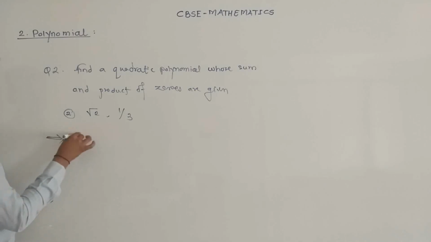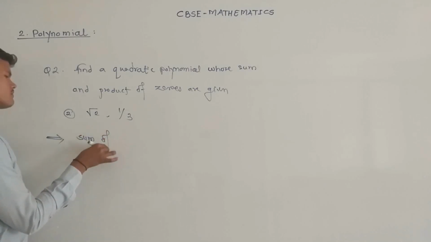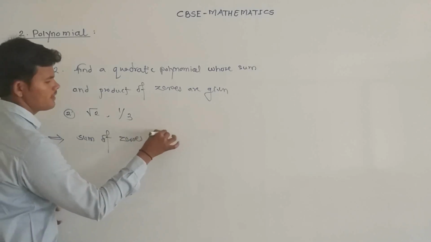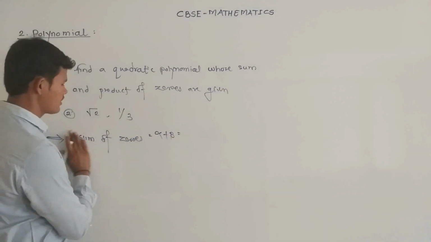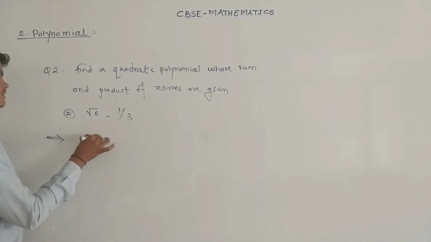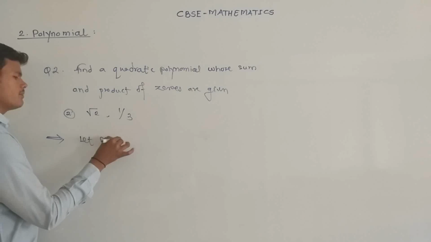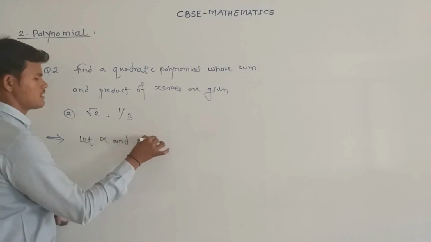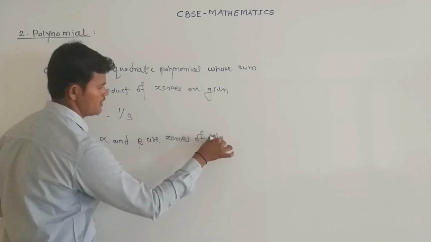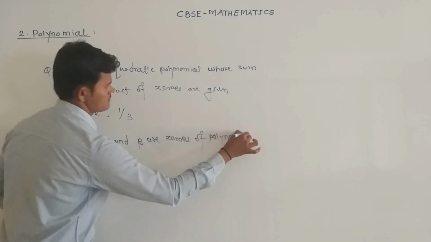First write sum of zeros, that is alpha plus beta. Let alpha and beta be the zeros of the polynomial.